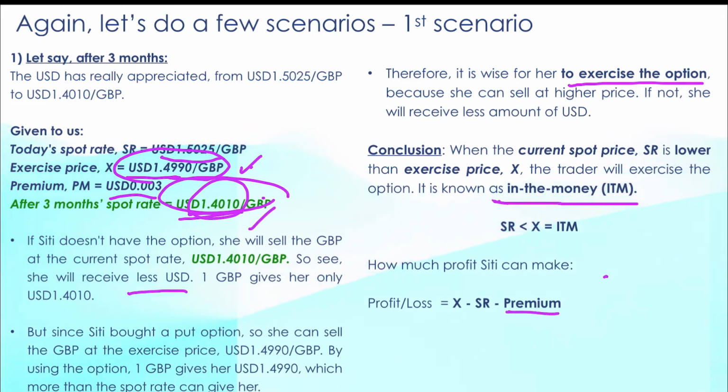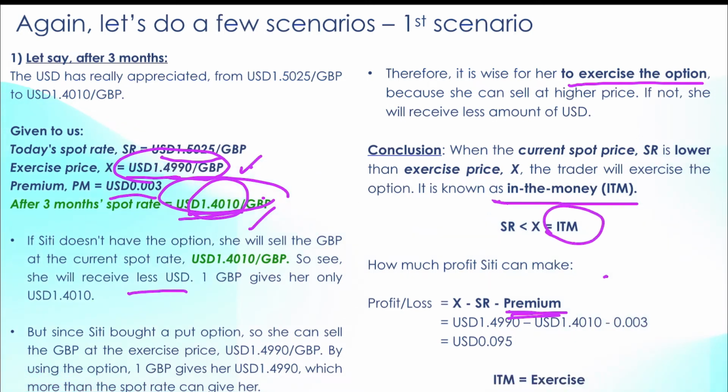Always deduct the premium because the premium is the cost you have to bear in order to start the option. So here the profit is USD 0.095. So if ITM for the put option, you should exercise the option.